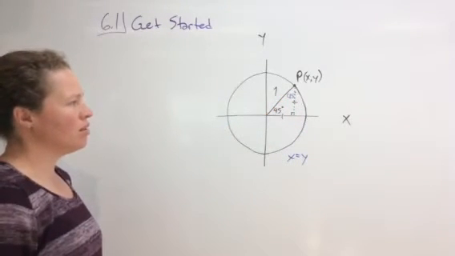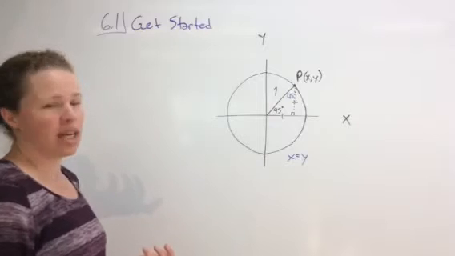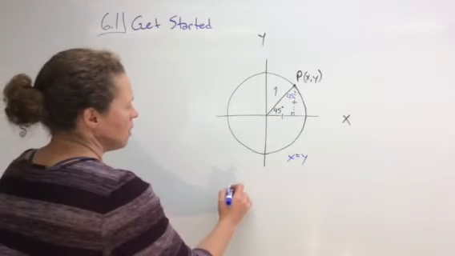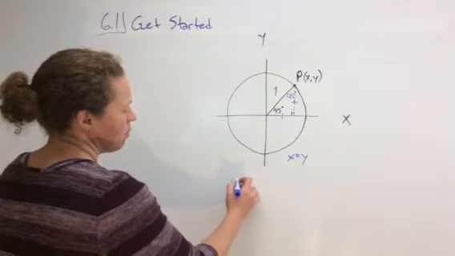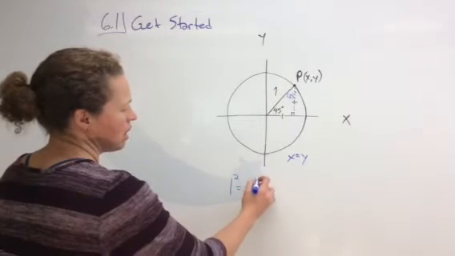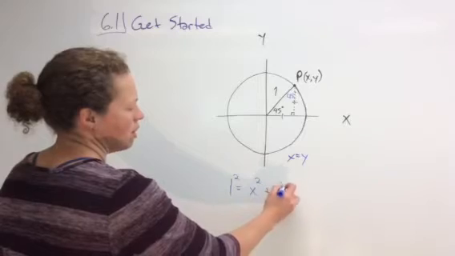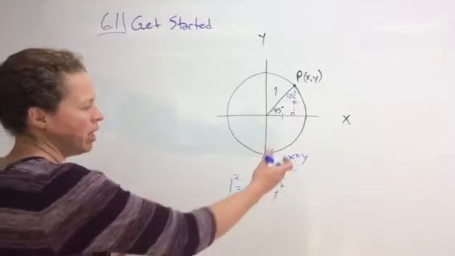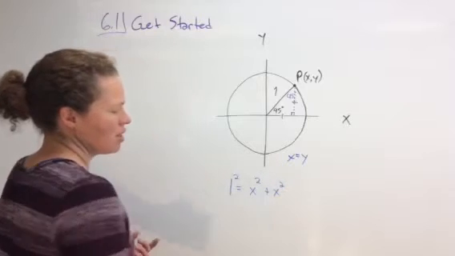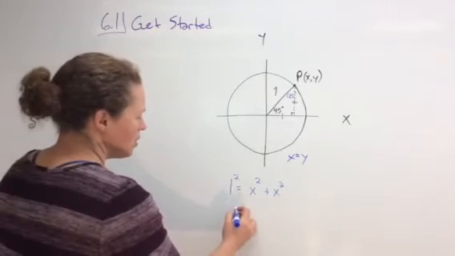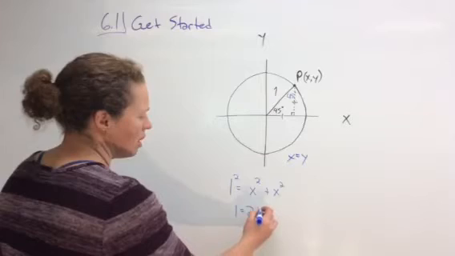Now we can use Pythagoras because we know that x and y are equal. I know that 1 squared will be equal to x squared plus y squared, but x equals y, so it's actually going to be x squared plus x squared, so 1 will equal 2x squared.